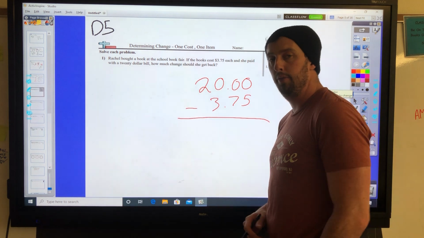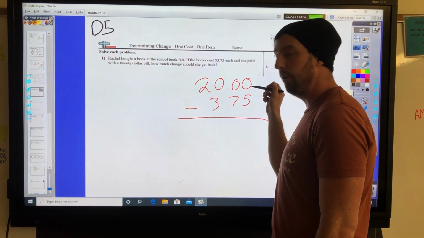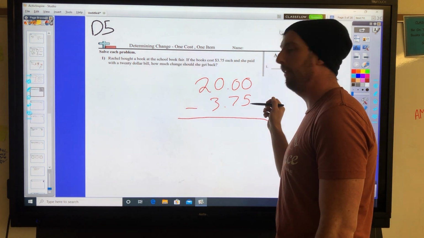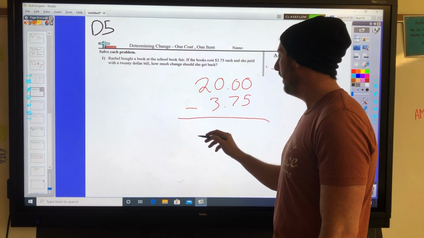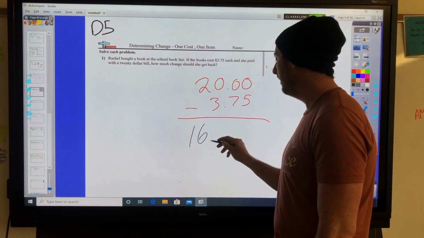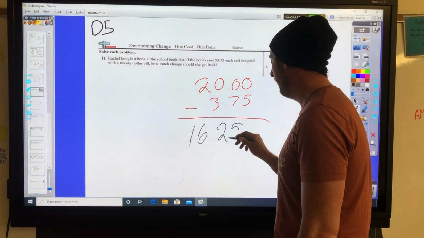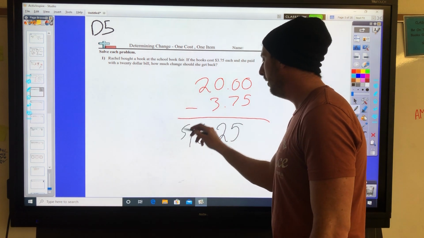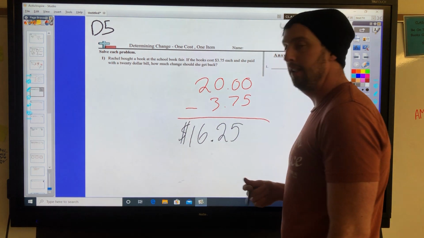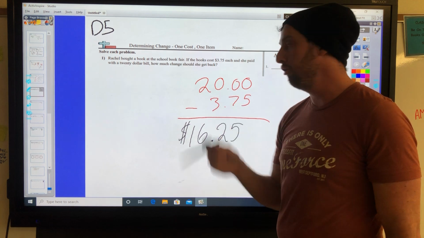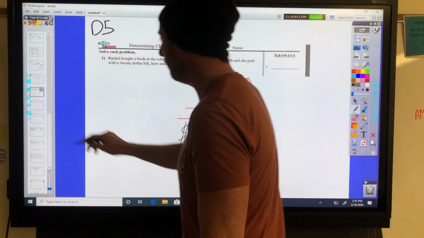You can use a calculator if you need to. Remember, I paid with a 20. The book costs $3.75. I should be getting a decent amount of change back. That change will be $16.25. I should be walking out of the store with my book as well as $16.25 in change. Cool. Moving on.